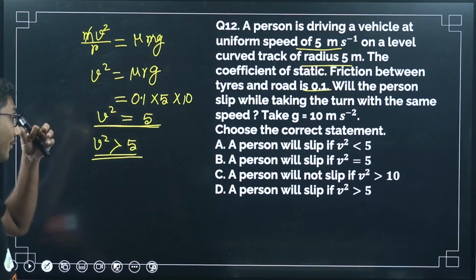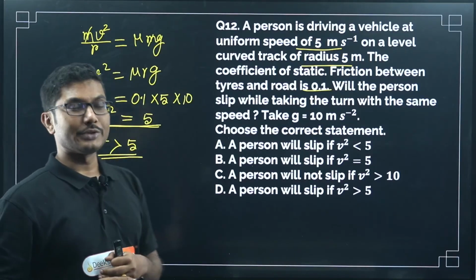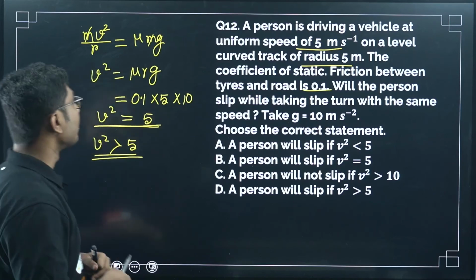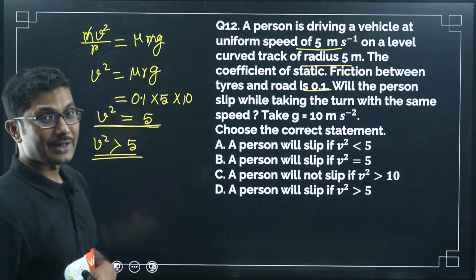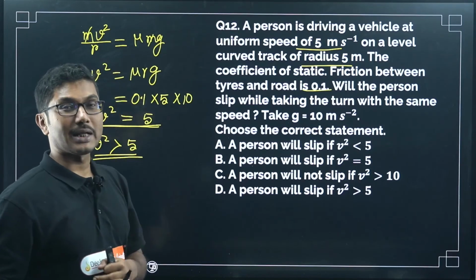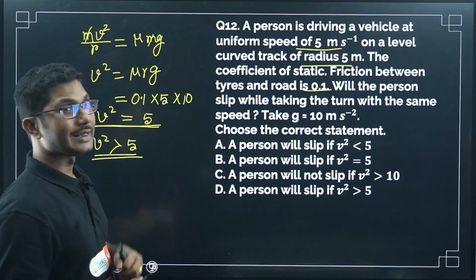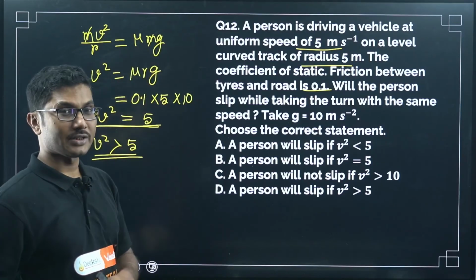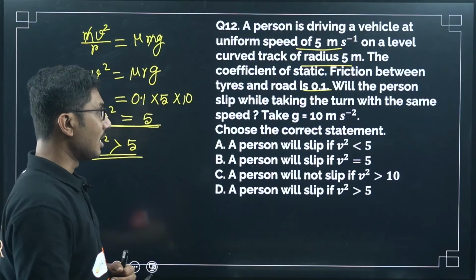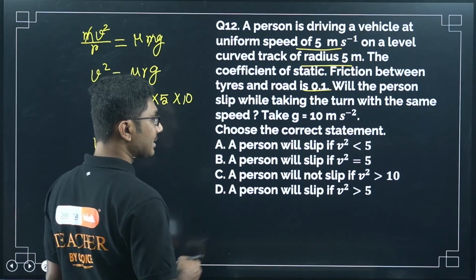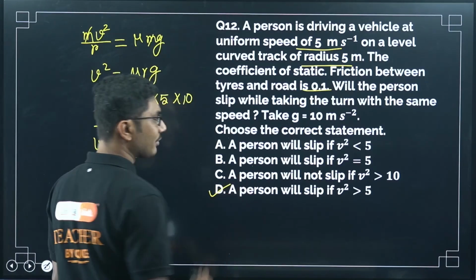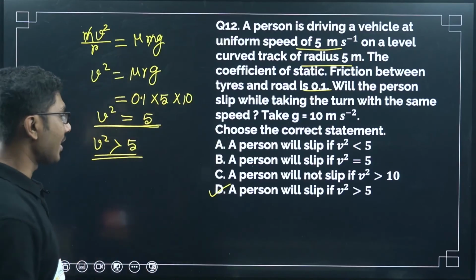During our class we used the maximum possible value to solve this problem. But how do we achieve that formula? We achieve it by comparing the required centripetal force with the frictional force which is providing that force. So we can say that the person will slip if v square is greater than 5.